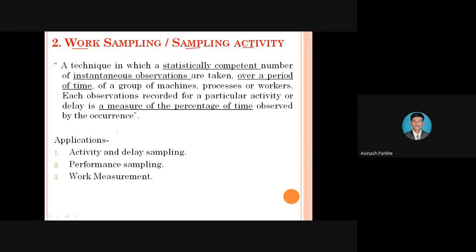But in work sampling, we are not measuring actual readings using the stopwatch, the time study board or the time study sheet. Only the supervisor or top management visits that particular production department a number of times in one day, and from those visits only he identifies the percentage of working condition and the percentage of idle condition.